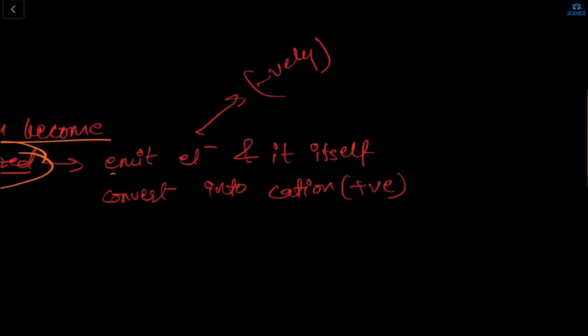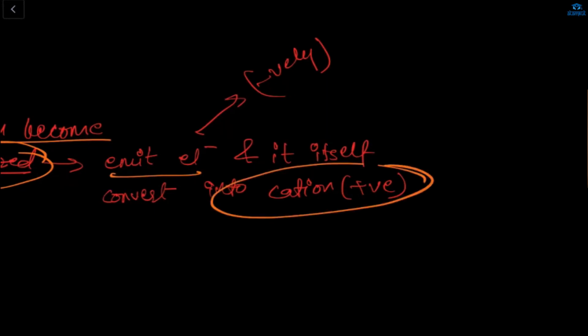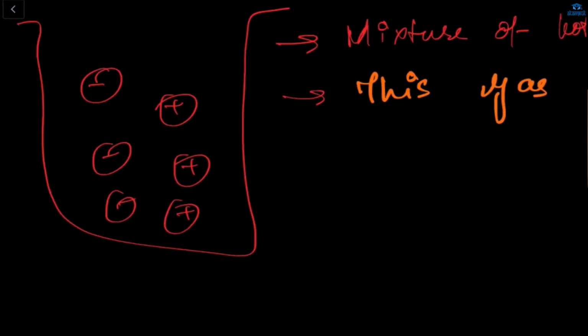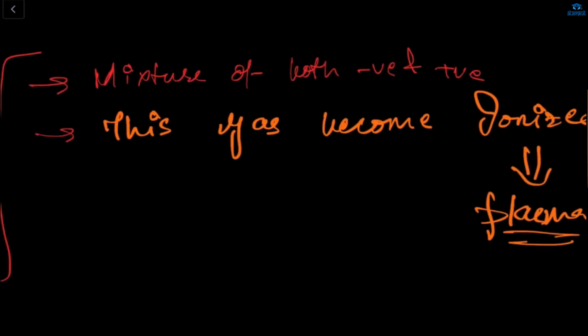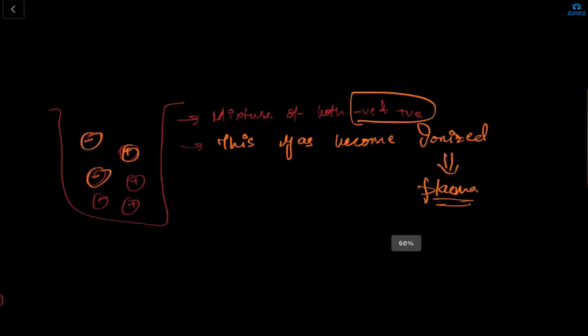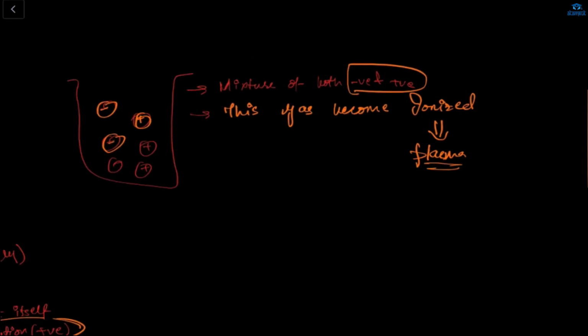Ionized means emit electron and itself convert into cation. So this beaker will be a mixture of both negative and positive ions. So this gas becomes ionized, and this ionized gas is called plasma. This whole process is called plasma.